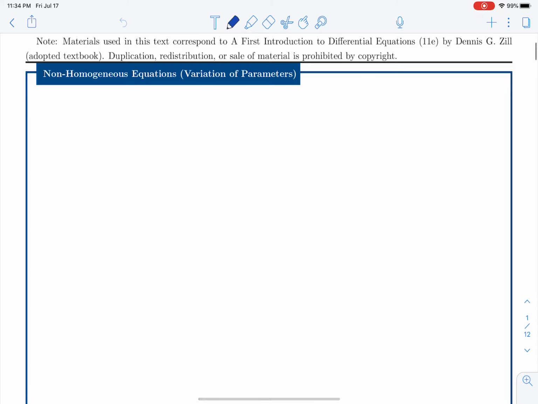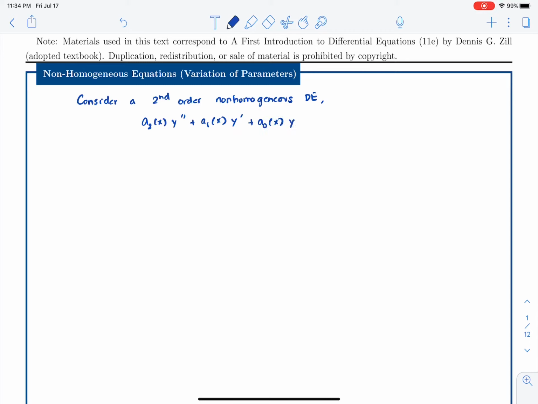So consider a second order non-homogeneous DE, and we all know that is of the form a2(x) y double prime plus a1(x) y prime plus a0(x) y equals some function g of x. And that is a non-zero function. And that is what would make a DE non-homogeneous.